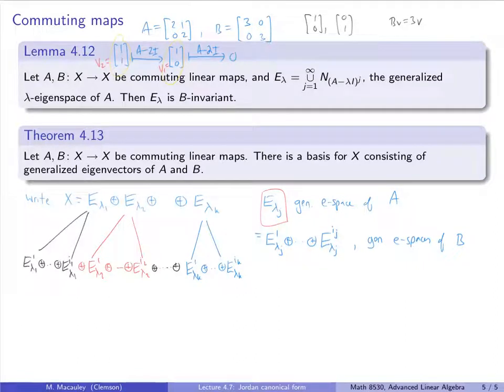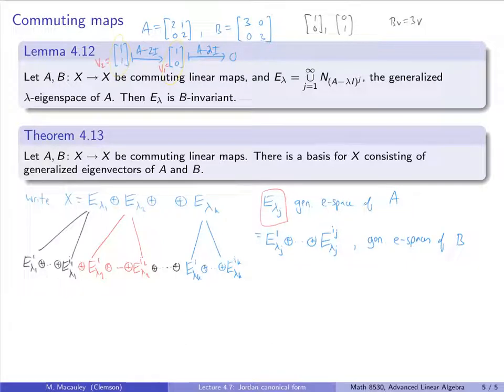So now I have taken these little atoms and decomposed them further, and what I have down here, every single one of these individually contains generalized eigenvectors of B, but also generalized eigenvectors of A, because the original space that it came from is a generalized eigenspace of A. So what are we trying to show? That there is a basis for X consisting of generalized eigenvectors of A and B.